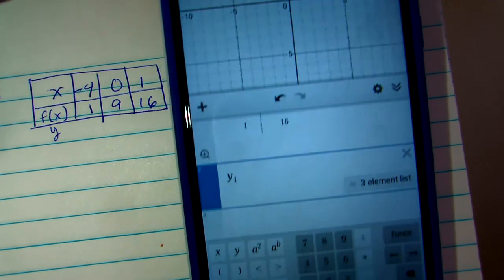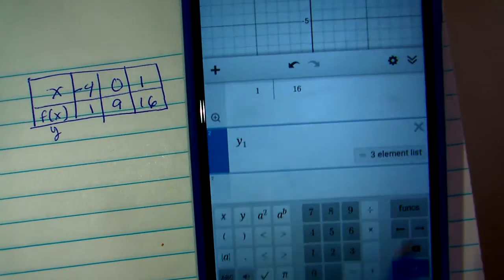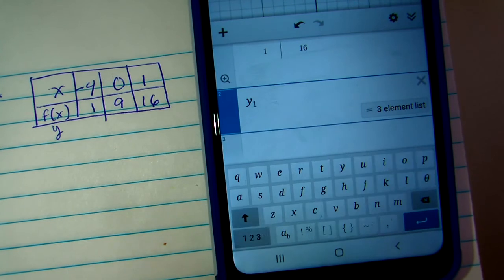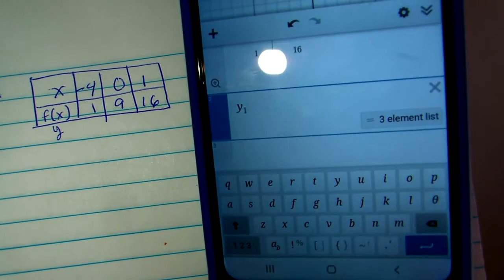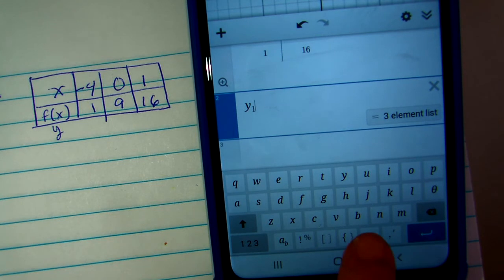It'll automatically go as a subscript, and we need to put the tilde. Where is the tilde? Right here, you see it? We need to use the tilde.